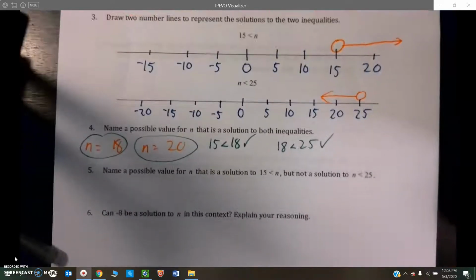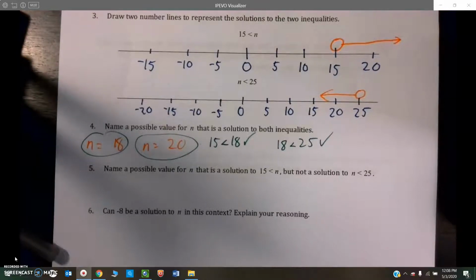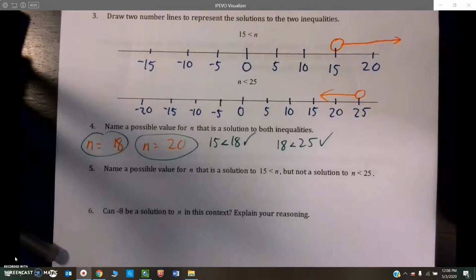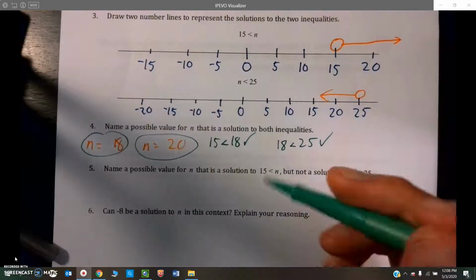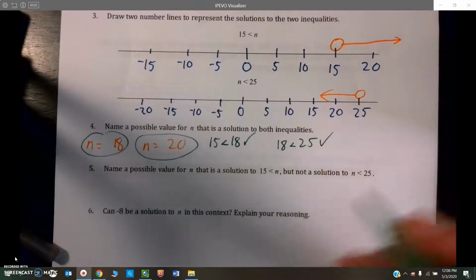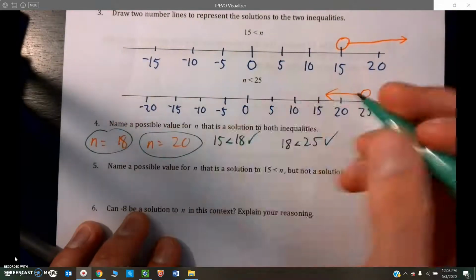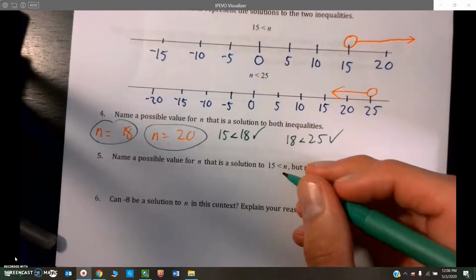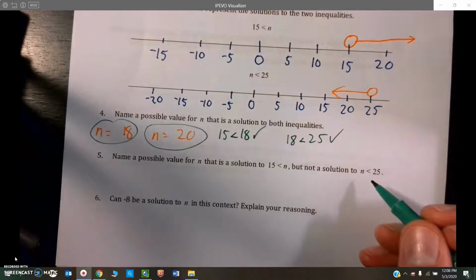And so, name a possible value for N that is a solution to N is greater than 15, but not a solution to N is less than 25. Well, like we said before, if N is greater than 15, in theory, we could put 100. Is 100 greater than 15? Yes. Is 100 less than 25?